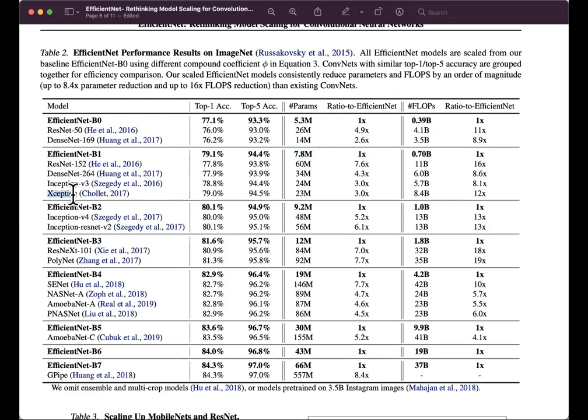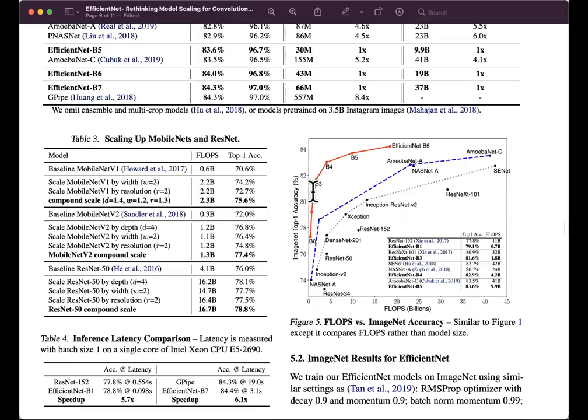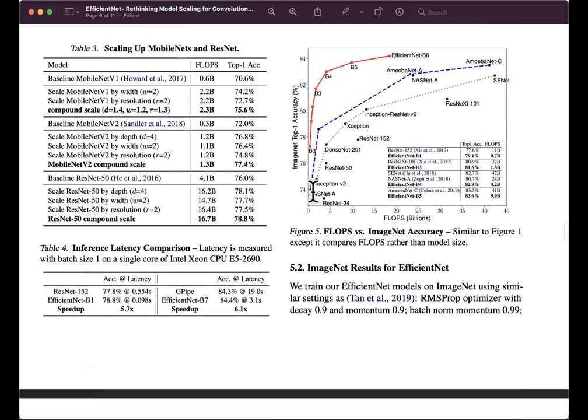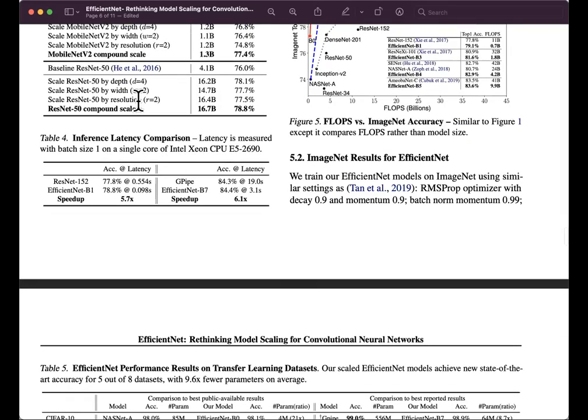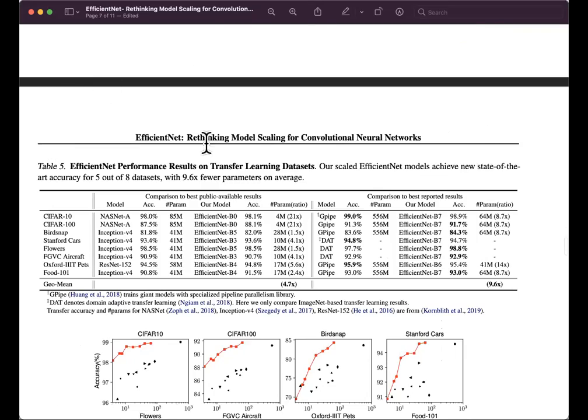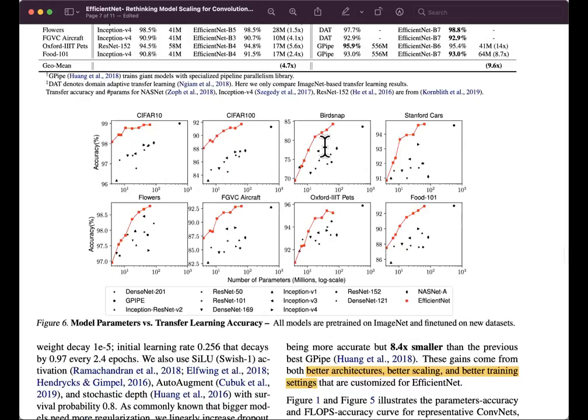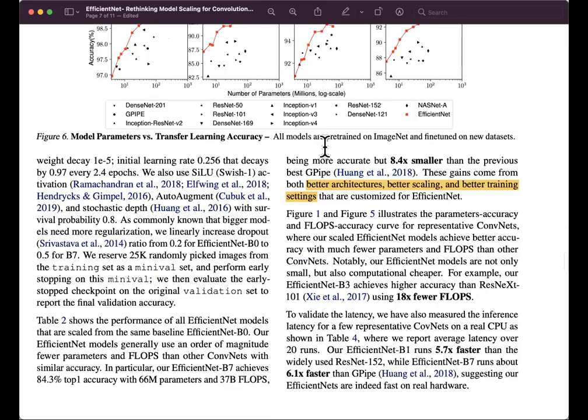For EfficientNet, we have similar accuracy, but the number of parameters is 23. Okay, and the rest is explaining the other benchmarks in terms of latency and also transfer learning data sets. And you can read the paper.